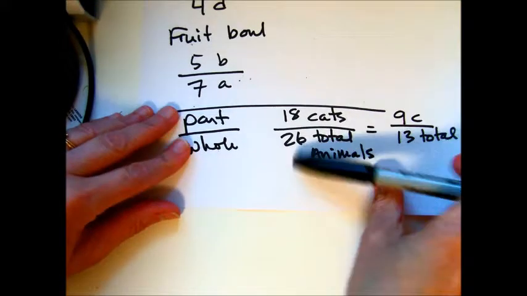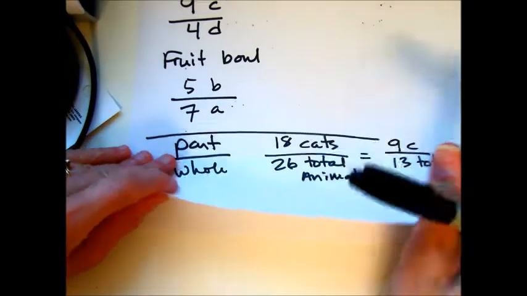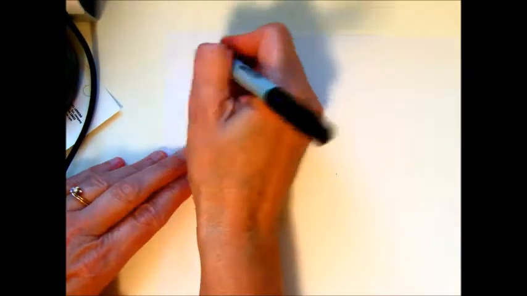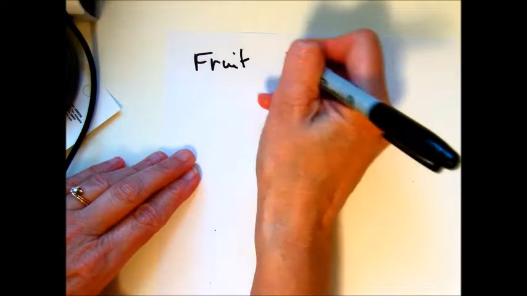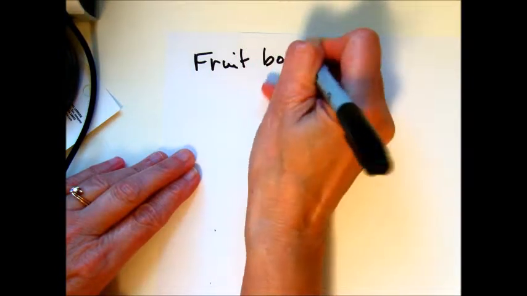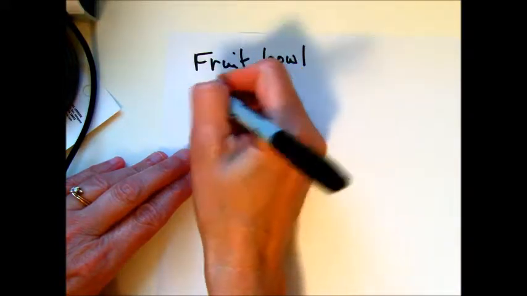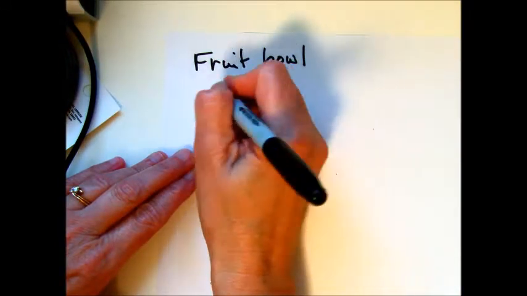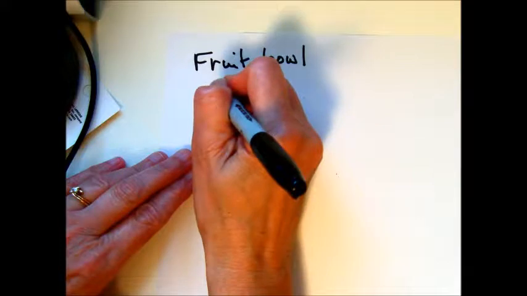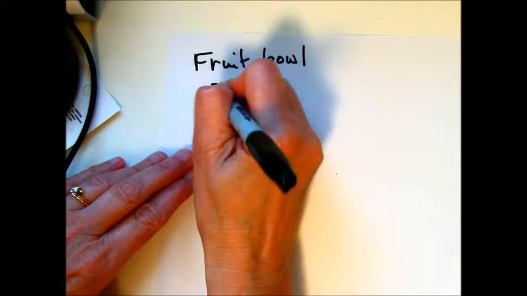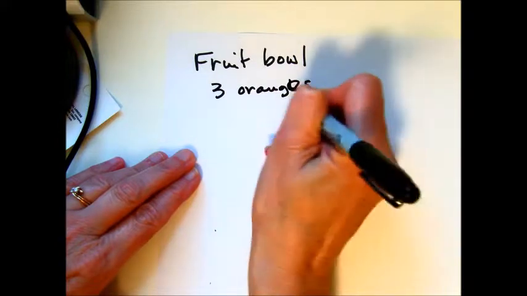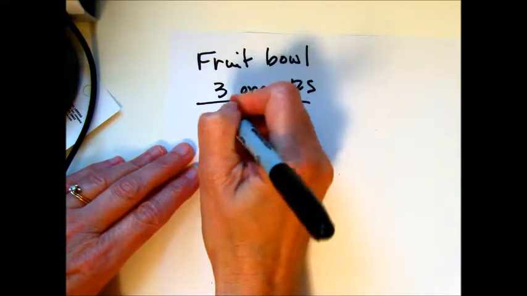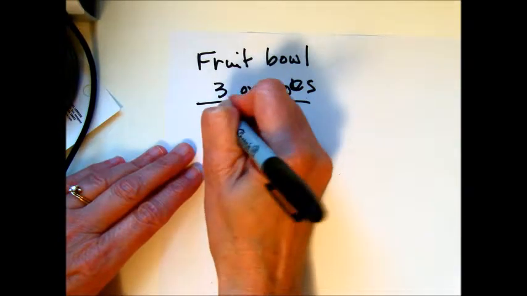All right, let's do one more part-whole using the fruit example. So let's say the fruit bowl has, I'm just going to make up a number here, how about 3 oranges, and the total fruit would be 10.